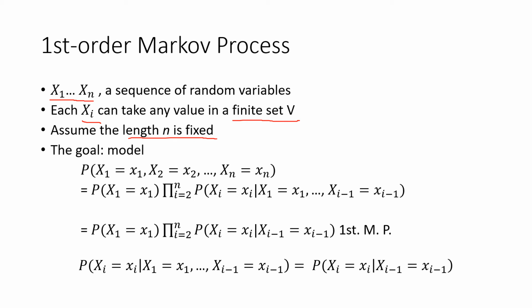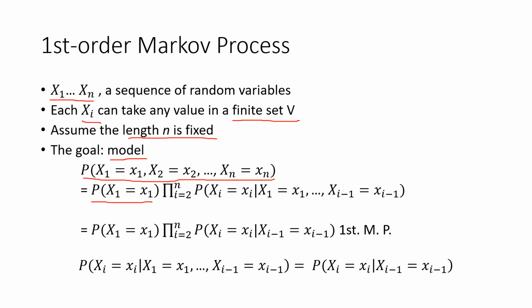Our goal is to build such a model that can calculate the probability of our sequence of words, that is, the joint probability of the words. We can use the chain rule to write this probability as a product of terms. So the first term is the probability of the first word, and then we have subsequent probabilities.